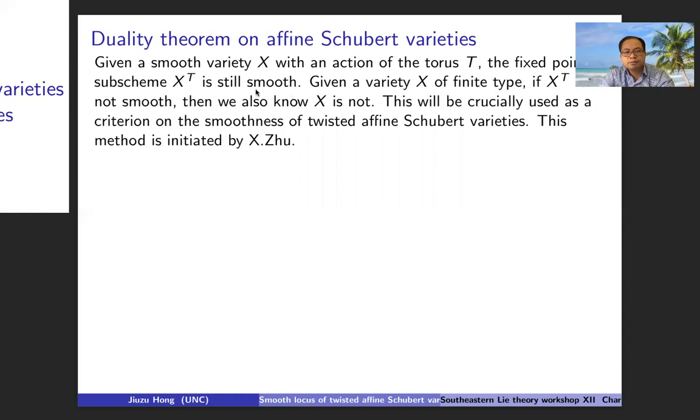In other words, if we want to tell whether a variety is smooth or not at a certain point, it is really enough to look at whether its T-fixed point subscheme is smooth or not.